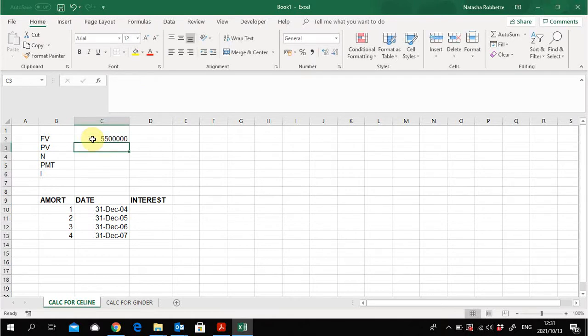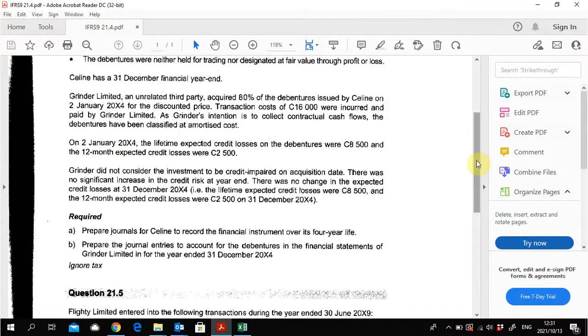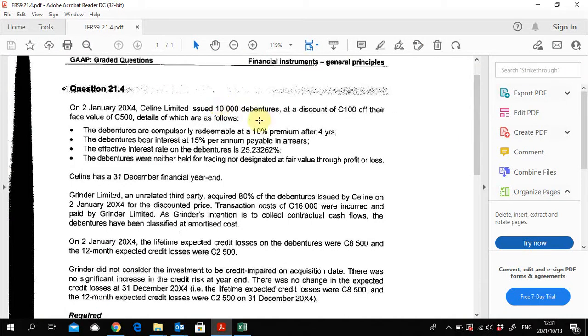Then for the present value, I just want to see if we have enough information to calculate it. We do. They say that they issued 10,000 debentures at a discount. So I just want to go back to the question. We do have information for the present value. 10,000 debentures, they issued it at a discount of 100 Rand off of the face value.